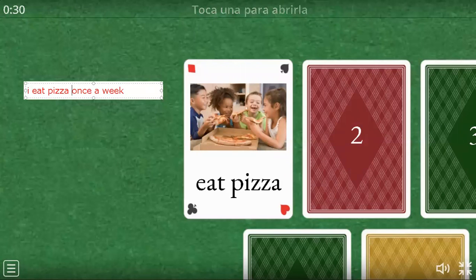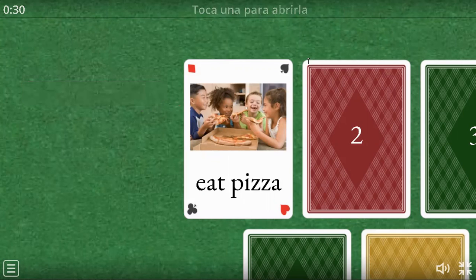Or, I eat pizza every month. I eat pizza every 2 weeks. So remember, we have different options, guys. We can use different vocabulary. Okay, Marcela, can you pick one of your classmates, please?